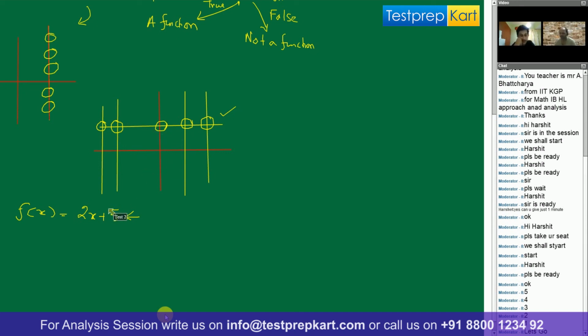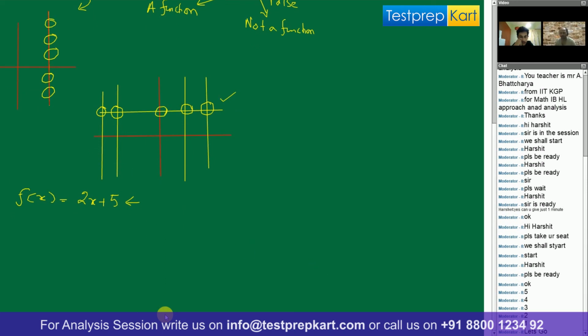how we can define a function. A function is basically like having two circles, two stations, where suppose you are a commuter. It's your home, it's your school.